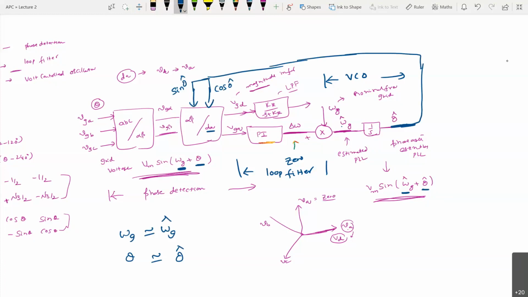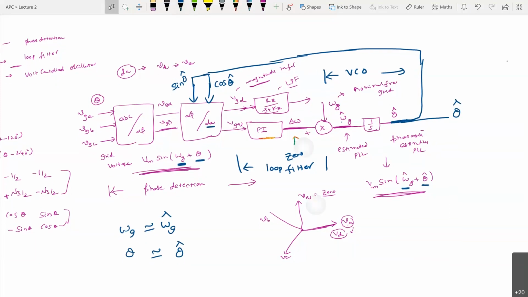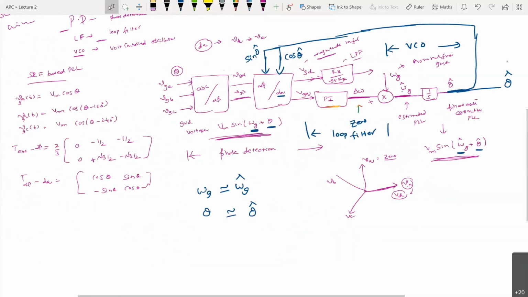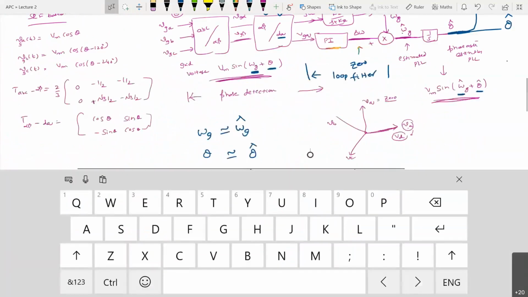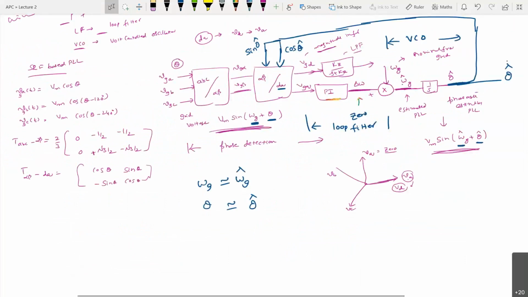This gives you theta bar in closed loop. This is the feed forward system.